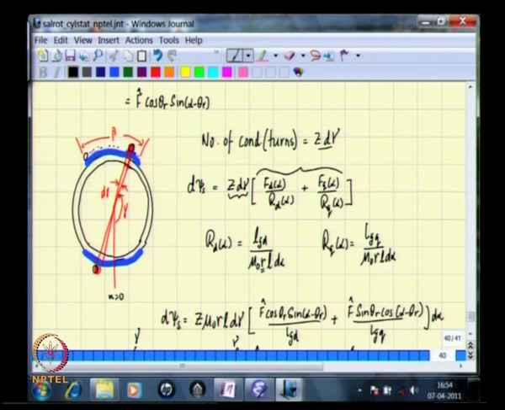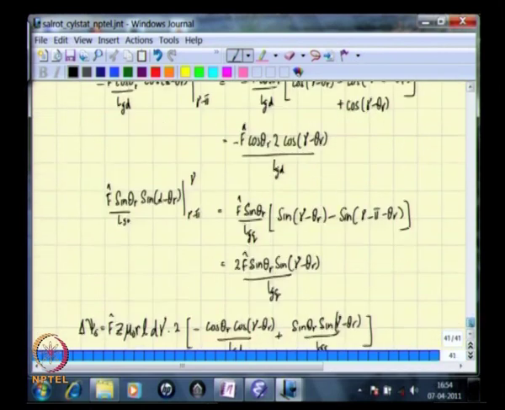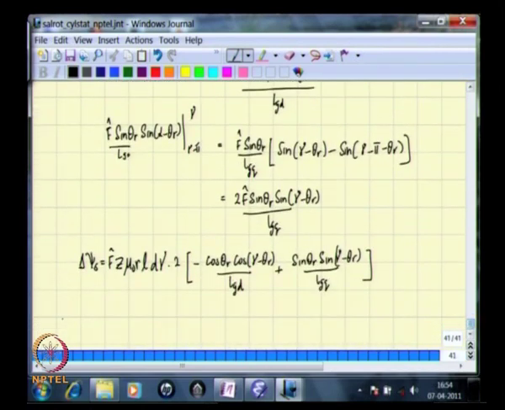And now, in order to determine the flux linkage of the entire phase spread, we need to sweep this over the entire phase spread. This angle gamma can be anywhere from this level to that level. And how do we do that? Therefore, the flux linkage psi s of the stator winding can be determined as the integral of this delta psi s.